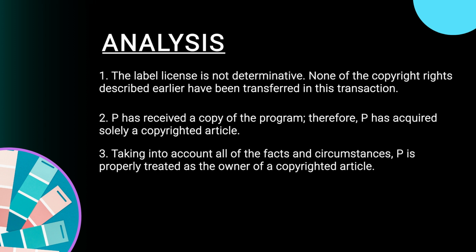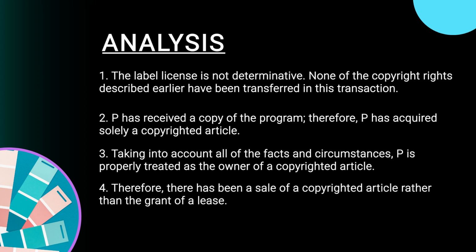Just like the initial analysis we did, because he has to pay a one-time fee, because he received the computer program on a disk, and because he has been restricted on doing certain things with the CD, he does not have copyright rights. But he is properly treated as the owner of the copyrighted article. Therefore, there has been a sale of a copyrighted article rather than the grant of a lease.